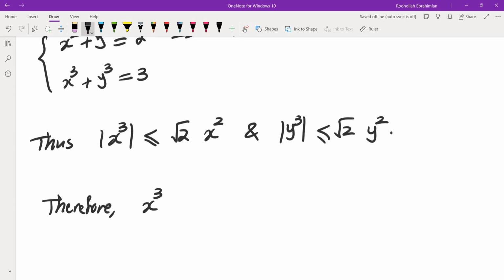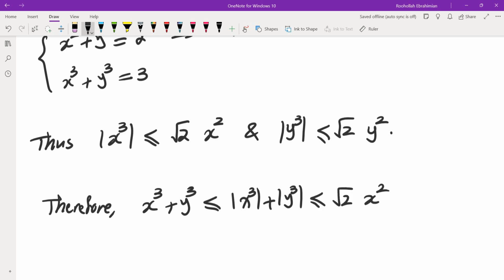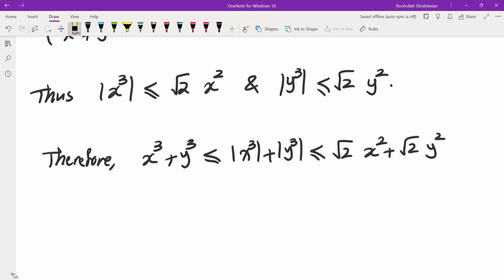x cubed plus y cubed is less than or equal to absolute value of x cubed plus absolute value of y cubed, which is less than or equal to root 2 x squared plus root 2 y squared. But I know what that is. This is root 2 times x squared plus y squared. x squared plus y squared is 2, so this is 2 root 2.